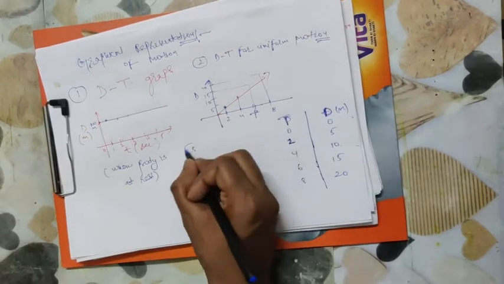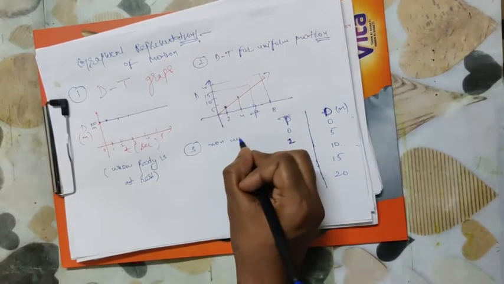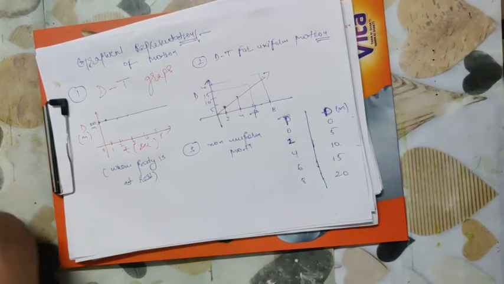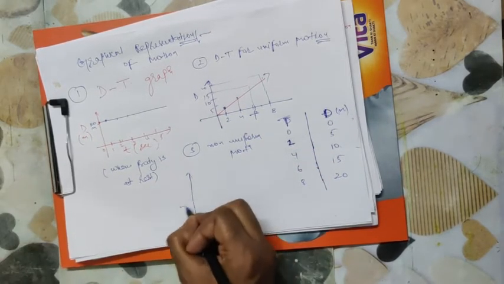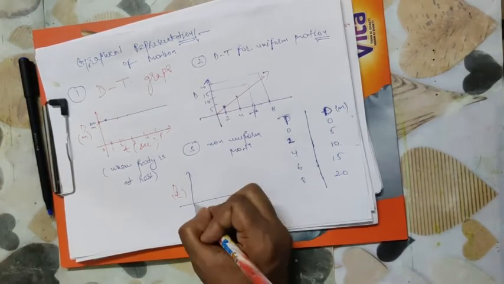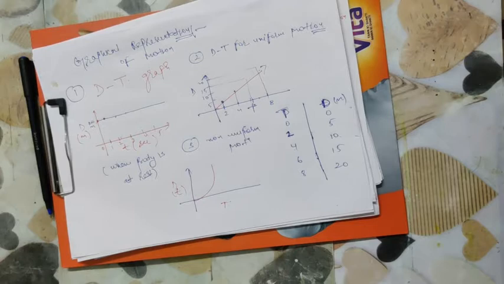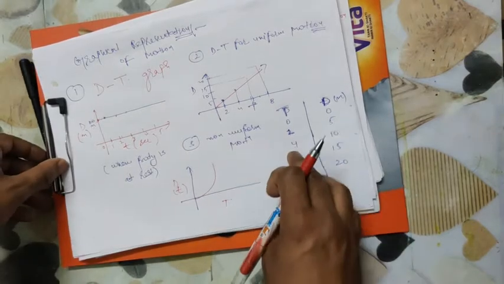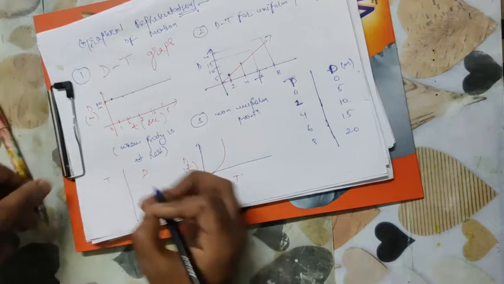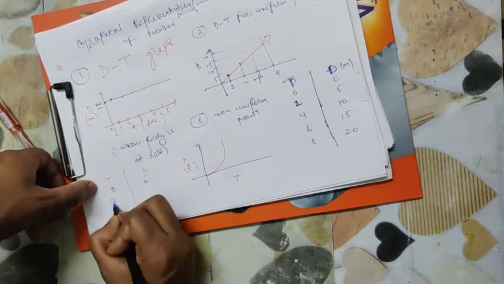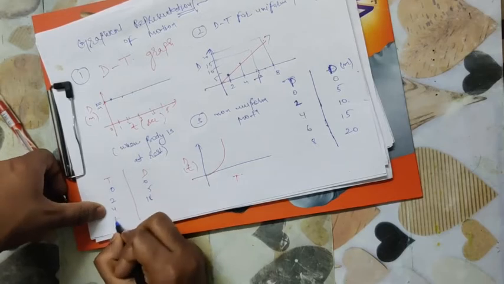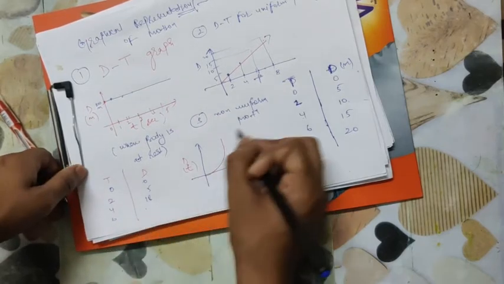And for non-uniform motion, your graph would be like this, I hope you will get this part. When a body covers unequal distance, if I change these values, for example at 0 it is 0, at 2 it is 5, but at 4 it is 18, and at 6 it is again constantly increasing, but it is 20.